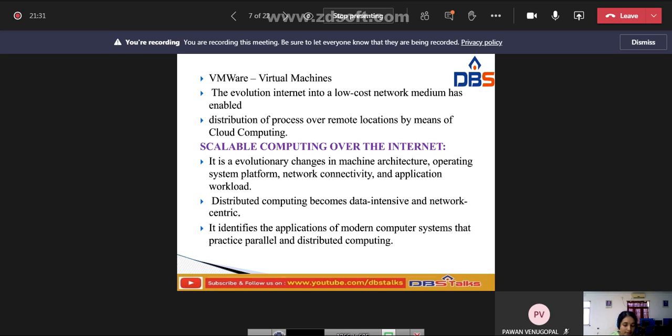The parallel computing system consists of multiple processors that communicate with each other using shared memory, whereas a distributed computing system contains multiple processors connected by a communication network. So this is parallel and distributed computing. Distributed computing becomes data intensive and network centric. So what is meant by network centric? It manages the series of information.